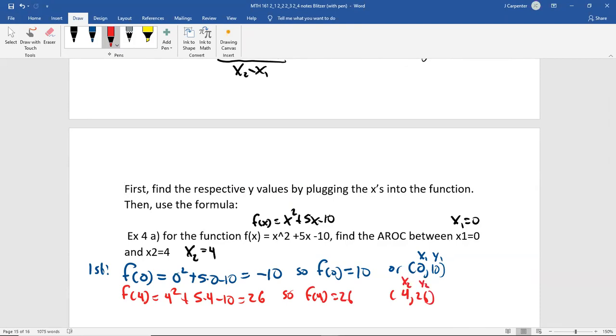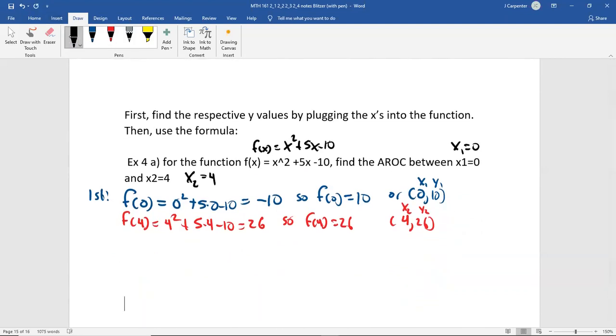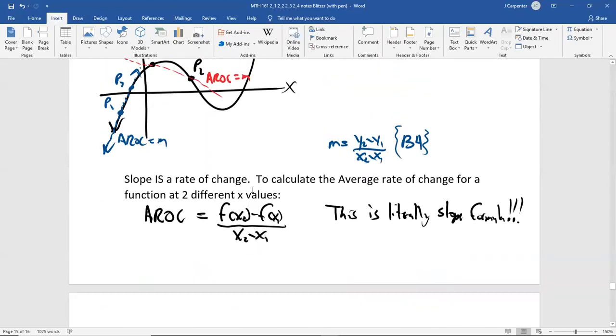And now all we're doing is literally the slope formula. Whether you wrote things in function notation or as coordinate pairs, your average rate of change from 0 to 4 specifically, and if you wanted to write that you can, but it's implied here, would be f of x2 minus f of x1. Let me show that formula one last time.